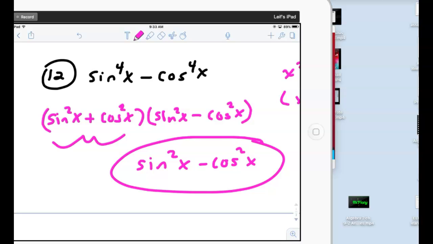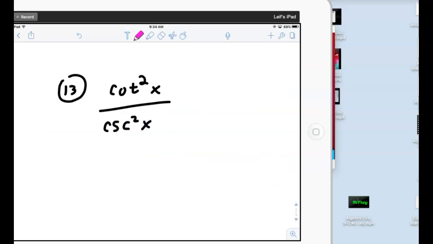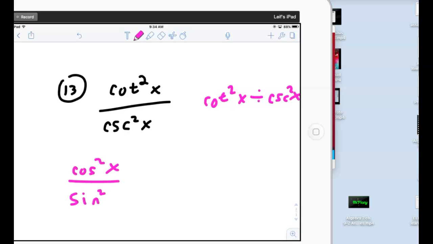Okay. All right. So this one, cotangent squared. I can write this as cotangent squared of x divided by cosecant squared of x. Now, if I start switching those around, cotangent is cosine over sine. So therefore, cotangent squared would be cosine squared over sine squared.